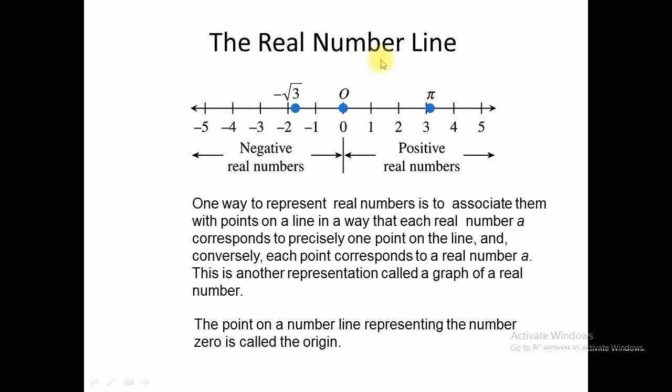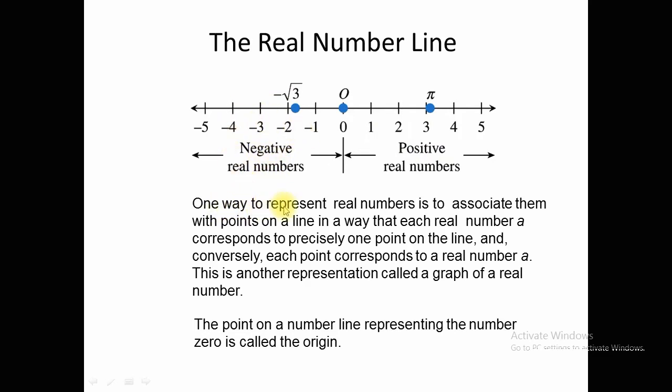Now the real number line. This is a real number line. In the real number line, this point, 0, represents the origin, and on this line we put the positive real numbers, and in this direction we put the negative real numbers.